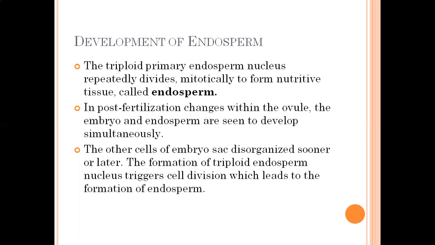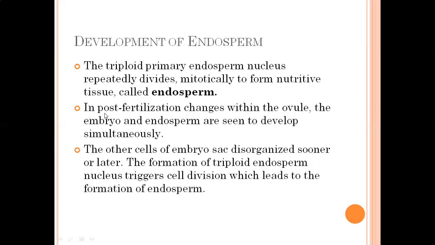Just now I told you that whatever events take place after fertilization are called post-fertilization changes, and they take place inside the anatropous ovule. Generally, the ovule is anatropous because the micropylar end is present in the downward direction.